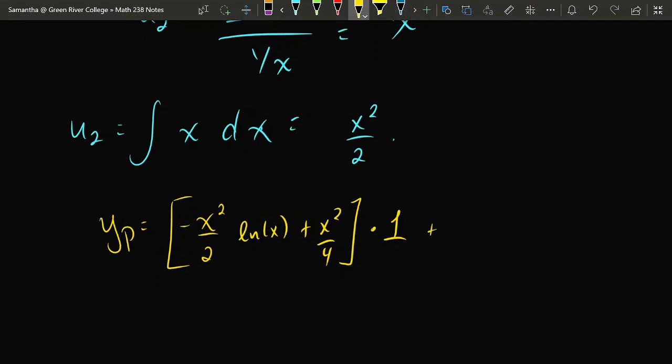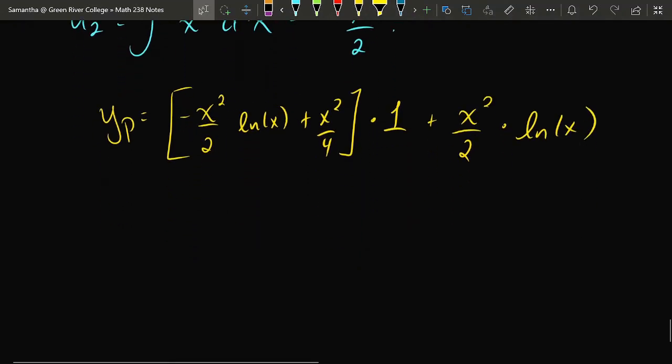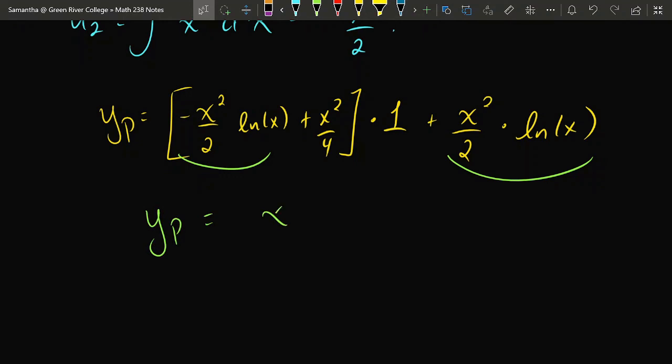And then our u2, x squared over 2, multiplied by our second complementary solution, which was the natural log. Now we can actually clean this up. We have a negative x squared over 2 natural log. We have a positive x squared over 2 natural log. So y sub p can be reduced to this term, x squared over 4.